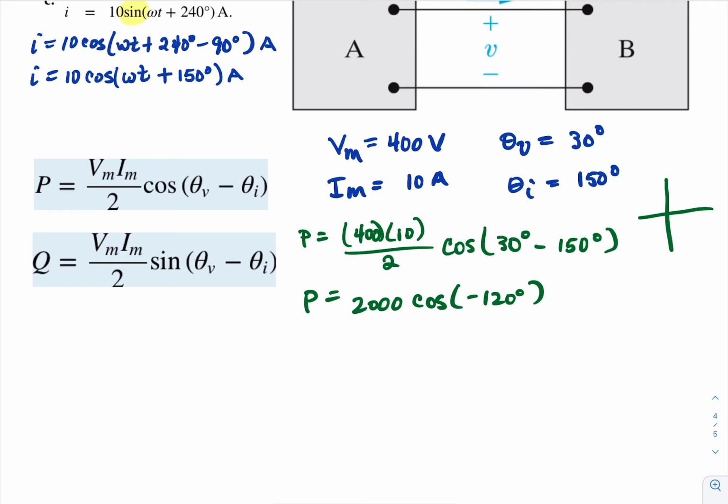Minus 120 degrees gets us in this quadrant, quadrant 3, where cosine should be negative and sine should be negative. So let's pop that into the calculator and we get minus 1879.39 watts.